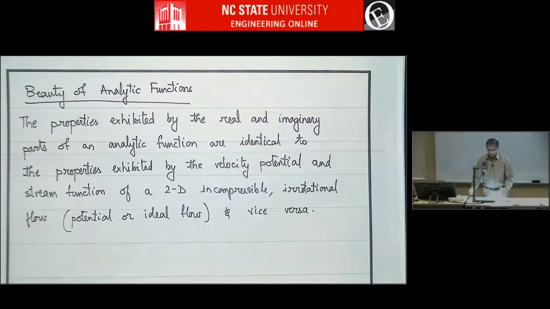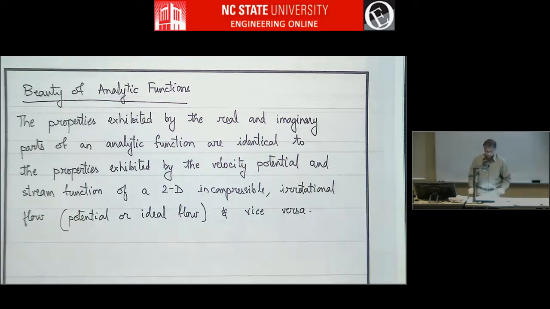So the beauty of analytic functions is that the properties exhibited by the real and imaginary parts of an analytic function are identical to the properties exhibited by the velocity potential and stream function of a 2D incompressible irrotational flow.